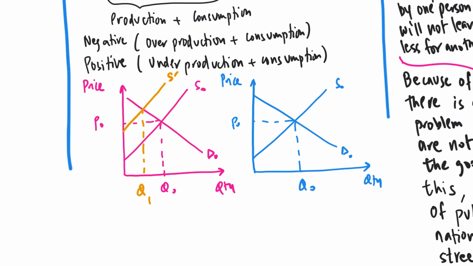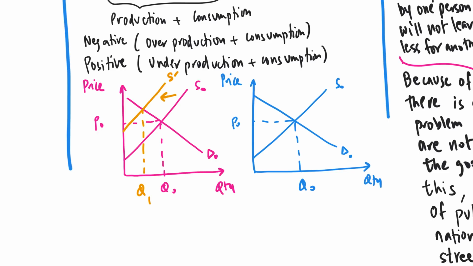If I ask this producer to dump his waste in a responsible manner, his cost of production may go up and the supply curve may shift to S dash. This S dash is the supply curve that takes into account the externality that is happening.